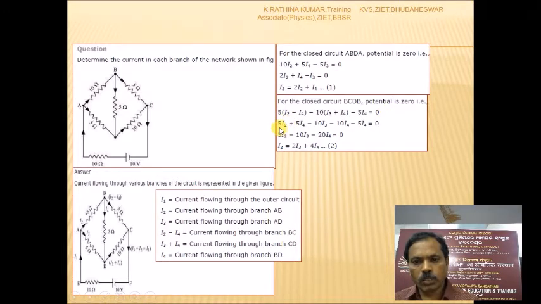Then simplify this one. So separate it: 5I2 plus 5I4 minus 10I3 minus 10I4 is equal to 5I4. Which is common, so it is to be eliminated or subtracted.